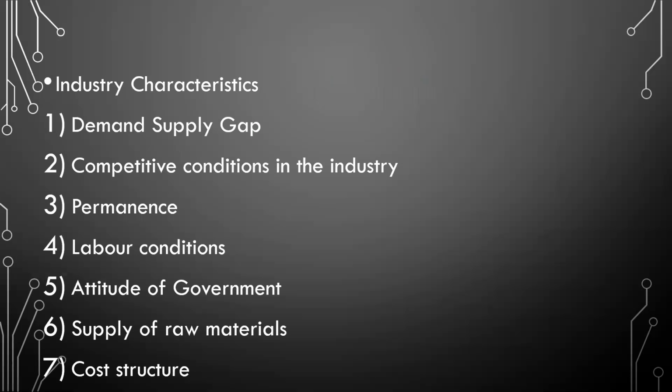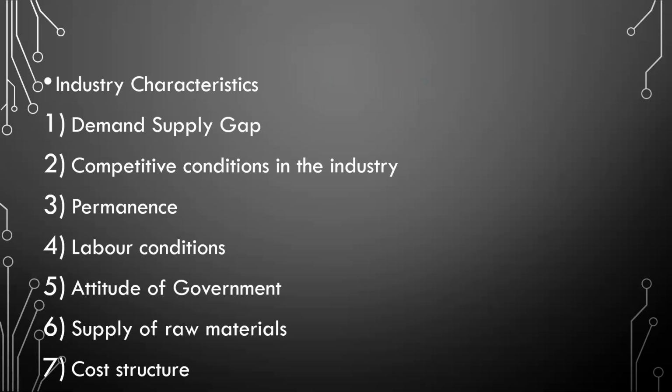Now the other factors, the industry characteristics, need to be considered as part of the industry analysis. The first characteristic is the demand and supply gap. We know that if there is less supply and there is going to be huge demand, the huge demand will push up the prices and the companies will enjoy more profits which will be shared with the investors. The investors will also be able to share a percentage of the increased profits in the form of regular returns.